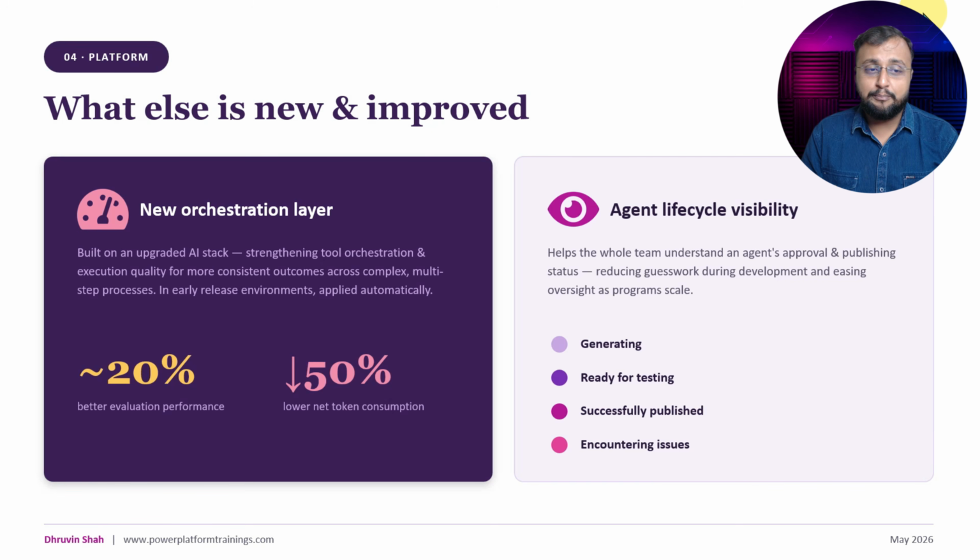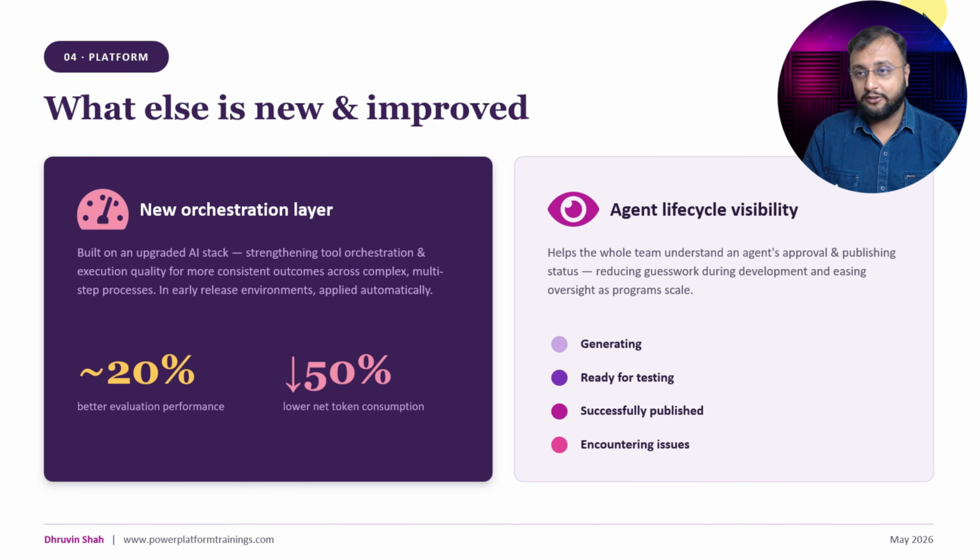Now it is built on an upgraded AI stack, which strengthens tool orchestration and execution quality for more consistent outcomes across complex multi-step processes in early release environments. The benefit is 20% more performance than earlier, and reducing token usage by 50%. So again, a very improved thing.